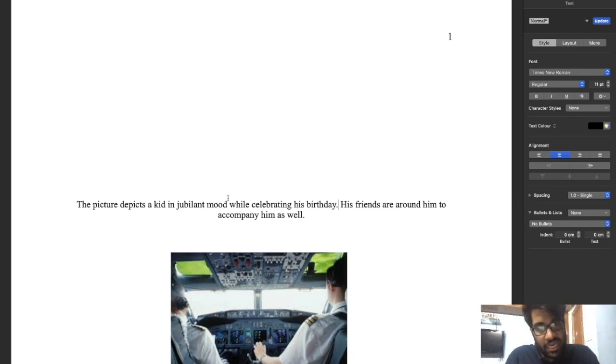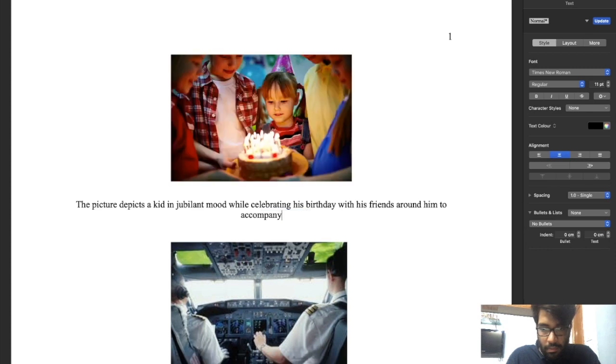The picture depicts a kid in a jubilant mood while celebrating his birthday with his friends around him to accompany him.